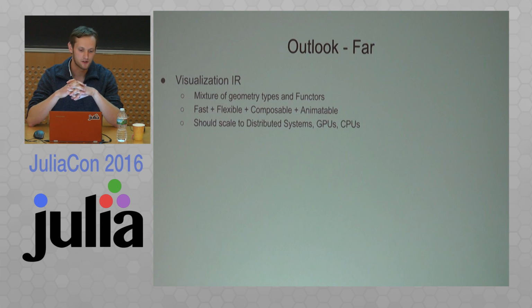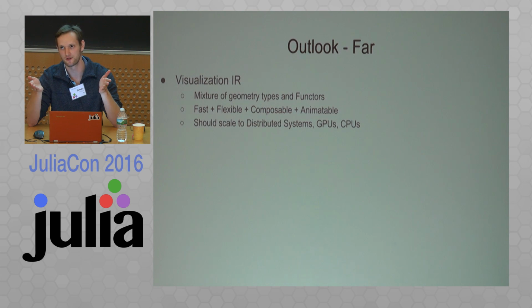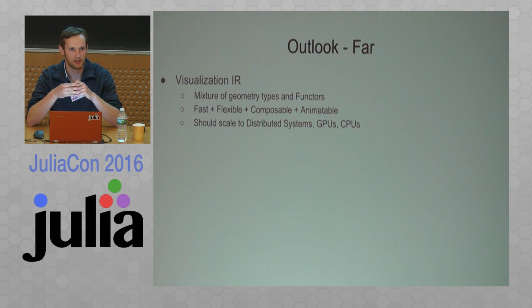Yeah, and you have a lot of constraints on this visualization IR because you don't want to write all these packages that emit this intermediate representation if in the end it turns out this visualization IR is too slow or not generic enough, because then all the packages that you wrote for it will become less worthy.